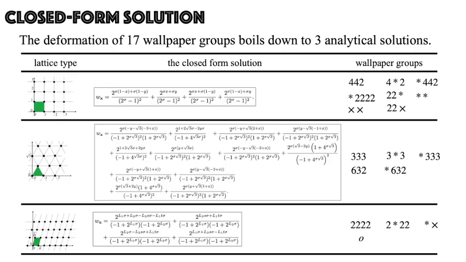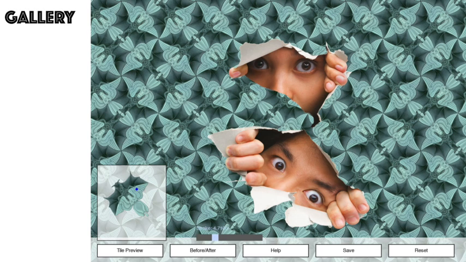There are in total 3 closed-form solutions we derived that can thoroughly handle all 17 wallpaper groups. Because each wallpaper group falls into one of the categories of tetragonal lattice, hexagonal lattice, or monoclinic lattice with proper coordinate transformations. Let's look at what we can do with our new tool.